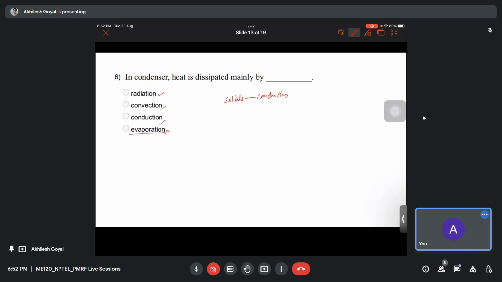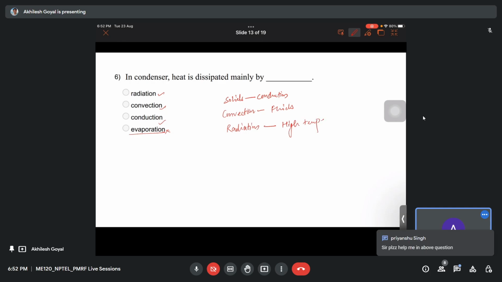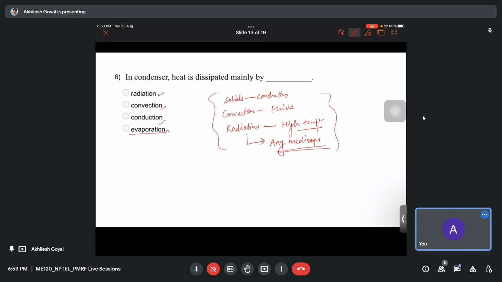The convection is prevalent in fluids, and radiation is prevalent at very high temperatures, and radiation doesn't need any medium for heat transfer. So these are the three ways in which heat is transferred.